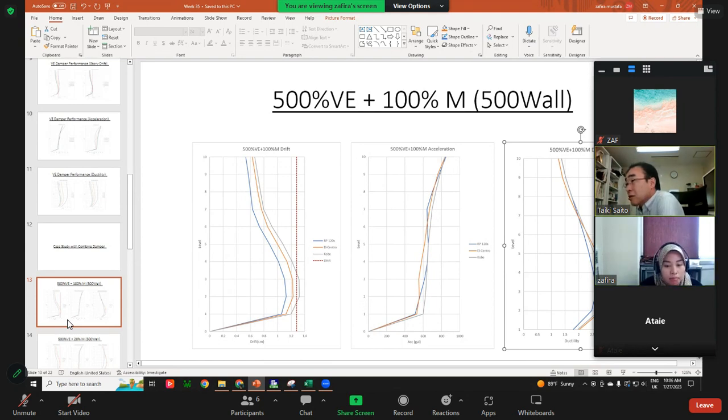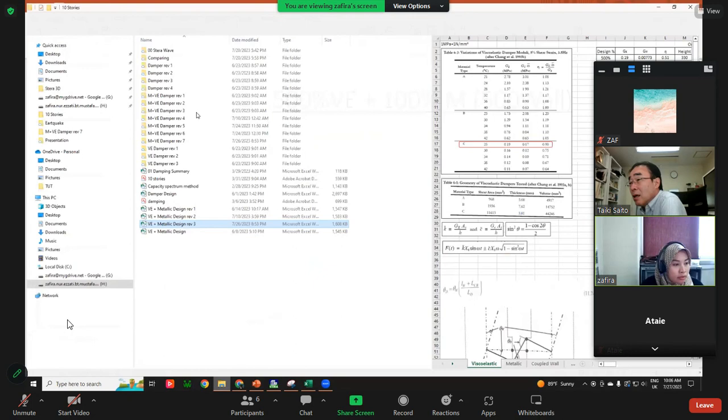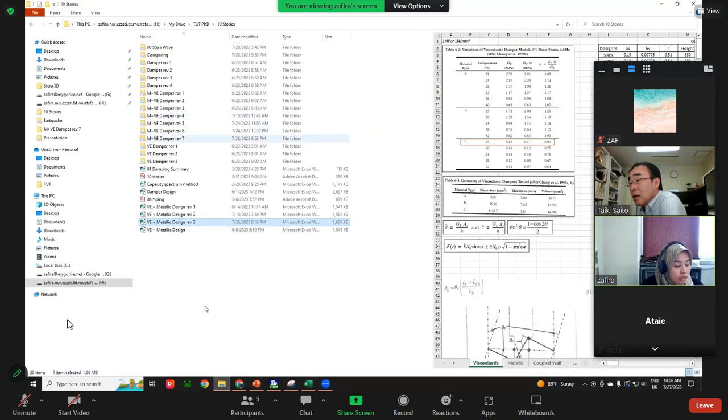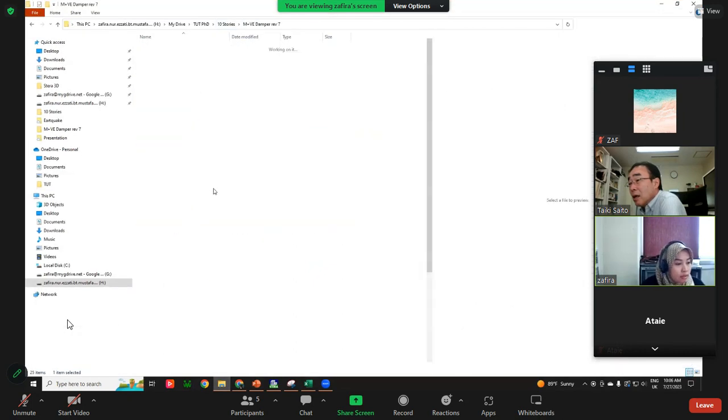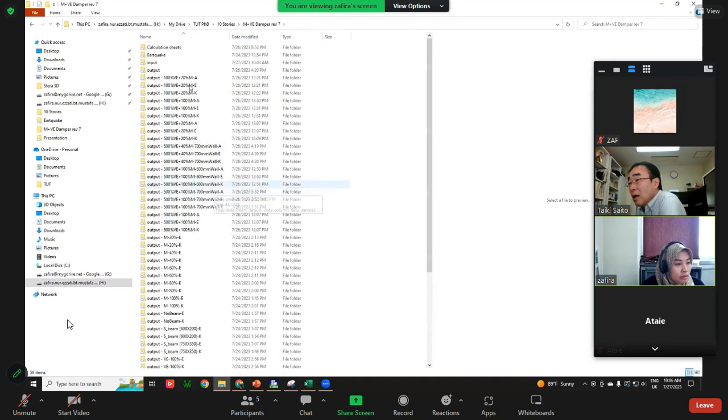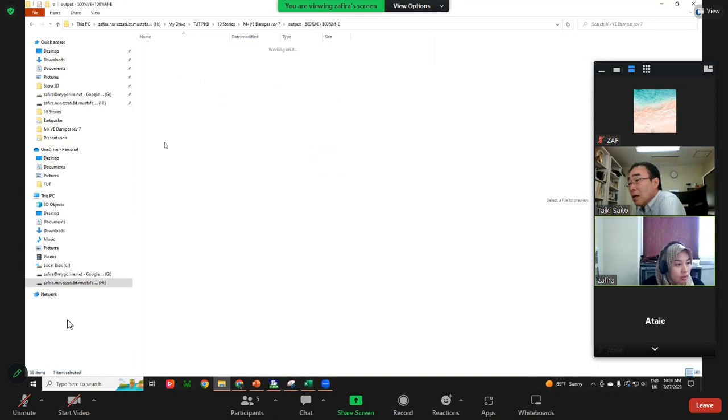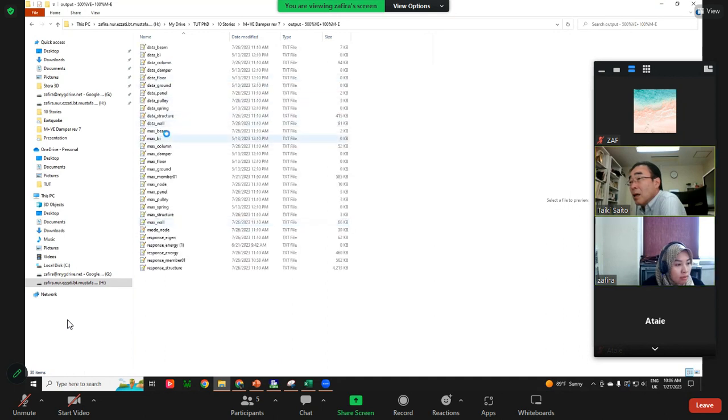Is this the ductility of the metallic damper? It doesn't say whether it's the metallic damper or not, it just shows the moment for the beam. So it just shows like this.